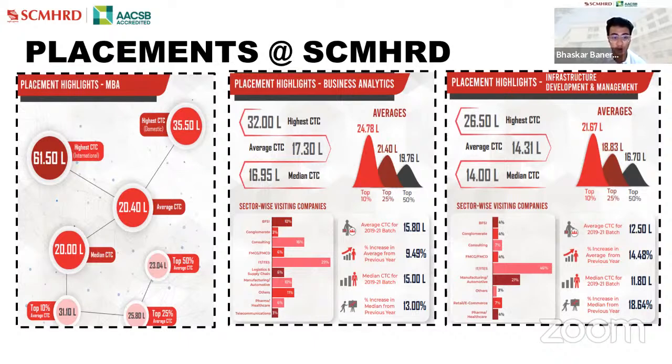You would also be happy to know that the top 50% of the batch for MBA core got an average CTC of around 23.04 lakhs, and the top 10% of the batch got a CTC of 31.10 lakhs. This is talking about the MBA core program. Moving forward, talking about the business analytics program, the highest CTC was 32 lakhs.